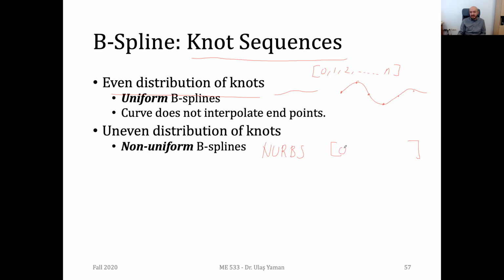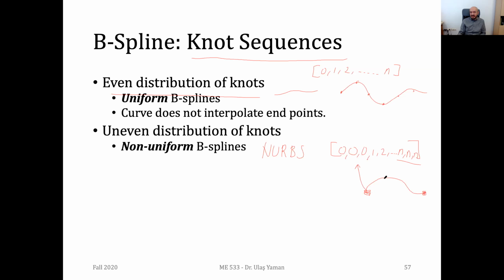For instance, if it's a third order, we may have 3 zeros and then 1, 2, let's say, and at the end, if you want to have an interpolation through the endpoint, you need to have the same value repeated as the order.